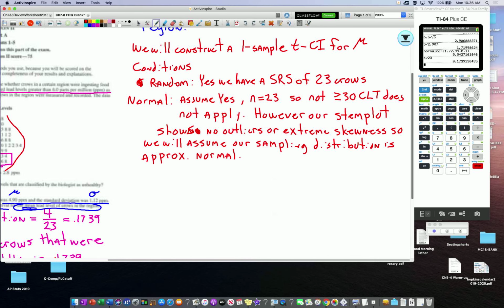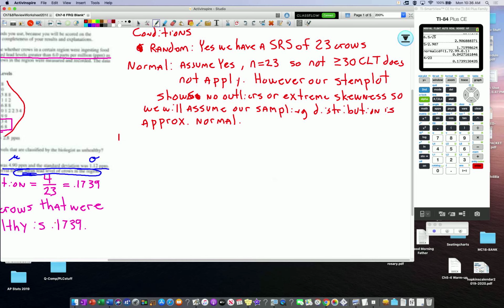All right, the last part is independent. Basically here, we are sampling without replacement.